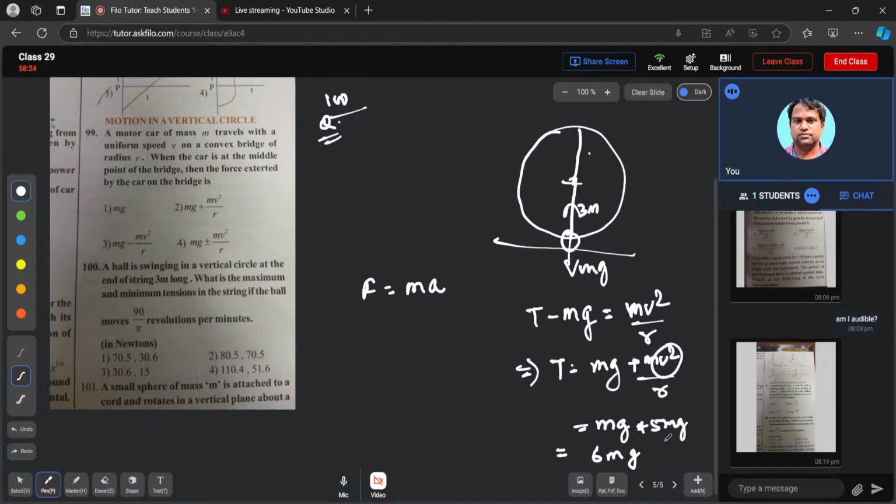This is so different from the convex bridge. No, both are different.